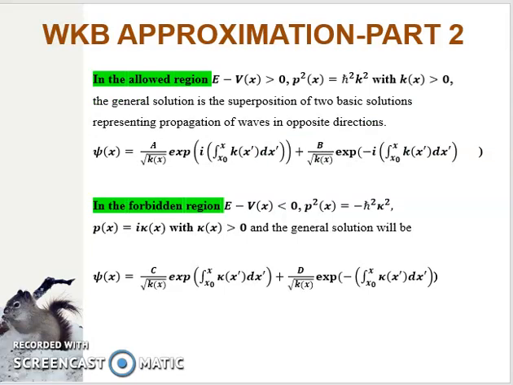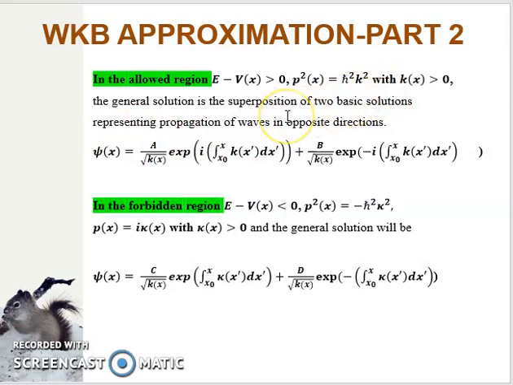Now, there are two regions. One is the allowed region, where energy is greater than V(x), and in the forbidden region we have E less than V(x). In the first, allowed region, E is greater than V(x), so E minus V(x) is positive, and p squared of x equals h cross squared k squared with k(x) greater than 0.